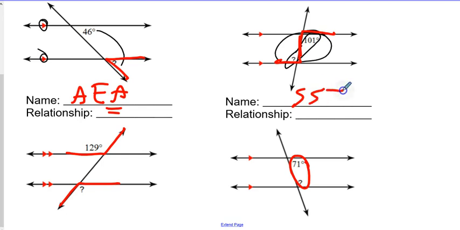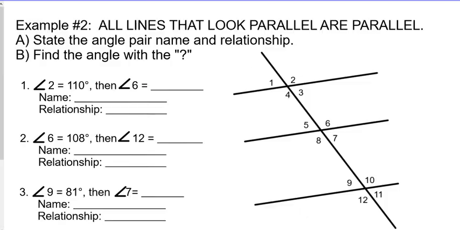Same side interior angles. And notice, if you look carefully, this one's a cute little angle, and this one's obtuse. So they are not going to be equal. So our only other choice is supplementary. Remember, those are our choices. They're either going to be equal or supplementary.